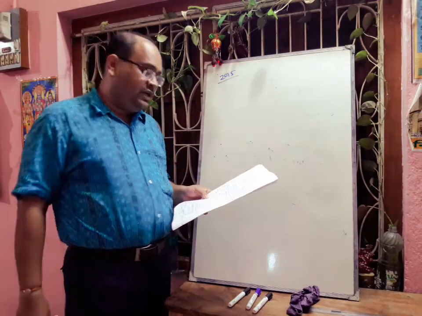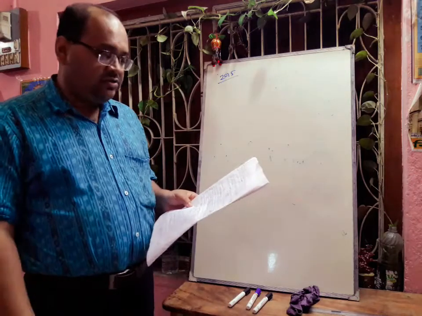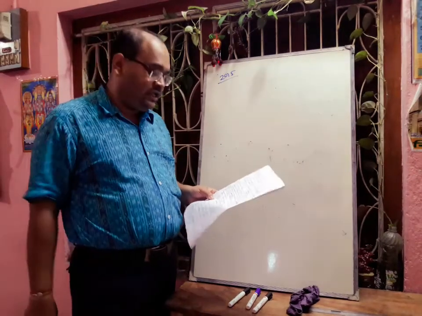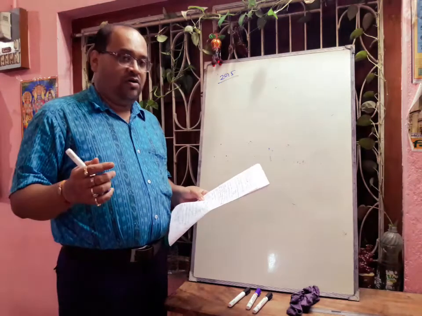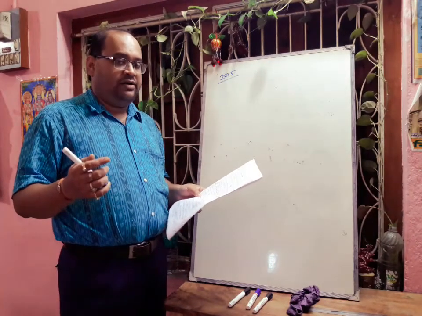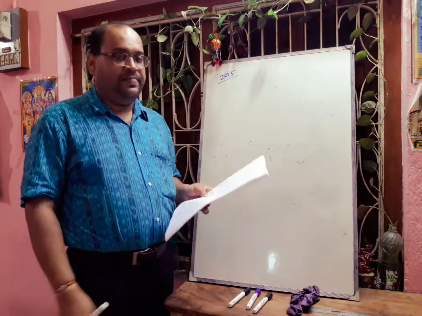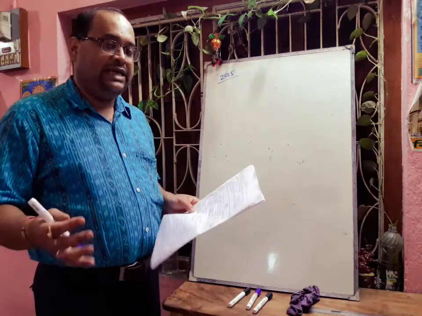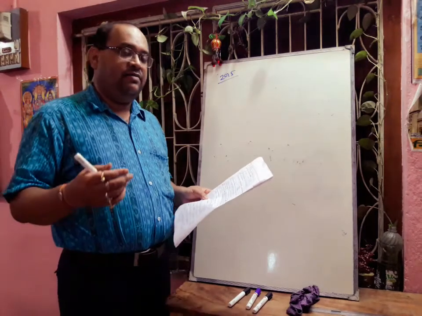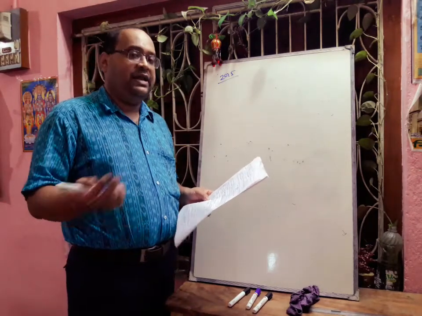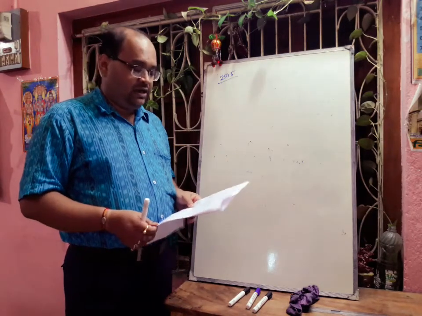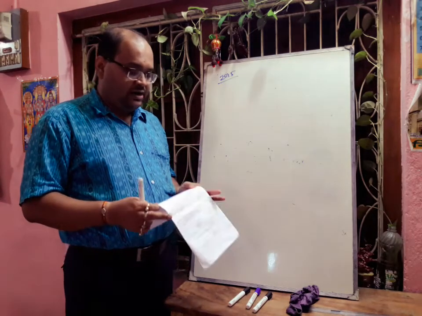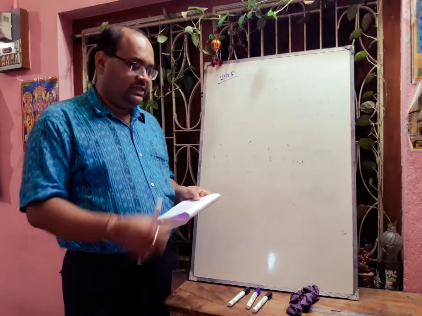In phenol, if we give chloroform and aqueous sodium hydroxide at the temperature 340 Kelvin, then there will be formation of ortho hydroxy benzaldehyde, or we can call it salicylaldehyde. Salicylaldehyde will be the ortho product, the major, and para will be the minor. In this case the intermediate is carbene. So I hope you can easily write this reaction.